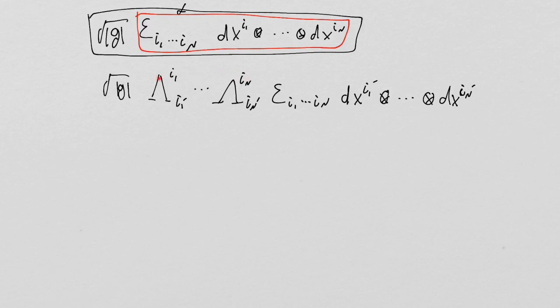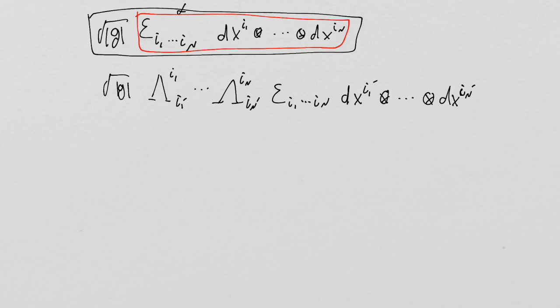We would just get these transformation matrices working on the components, and every component apparently has this factor of root g, so I've lifted it out, so that's fine. These matrices are compensated for by the change from the unprimed to the primed basis. So buried in here are the inverse matrices, the contravariant matrices. So this is all still the same.